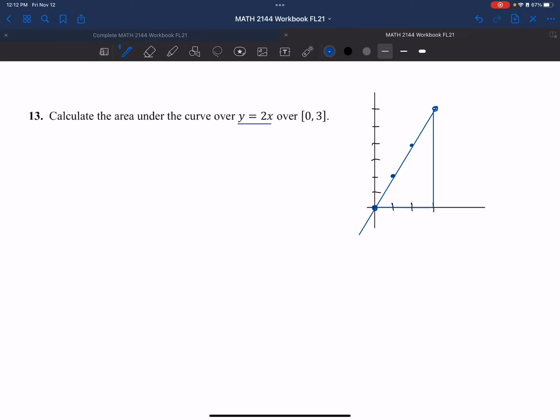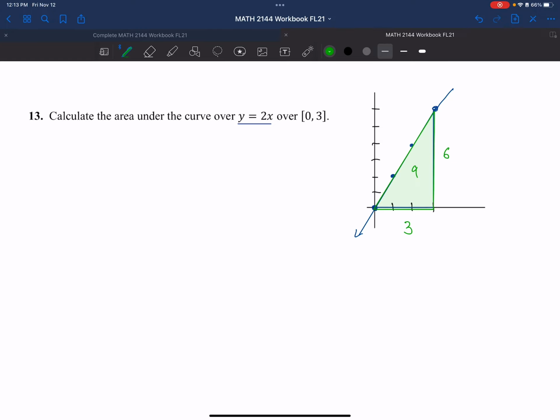A triangle. So again, this graph extends on forever, but maybe just to clarify, what we're looking for is this area under the curve right here. You can figure this out. This is 6 by 3, so the area here is going to be 9, one half base times height.